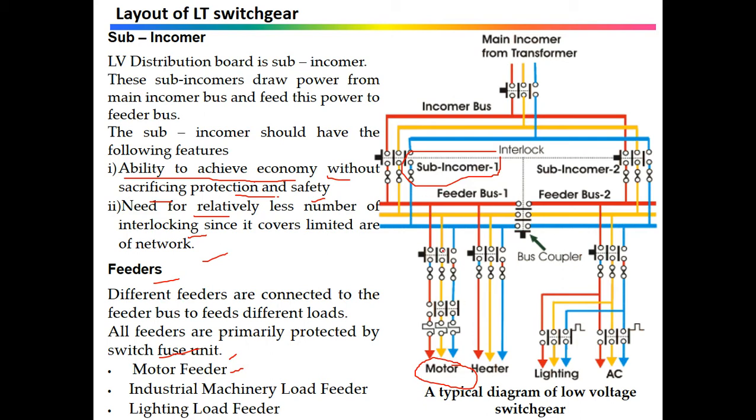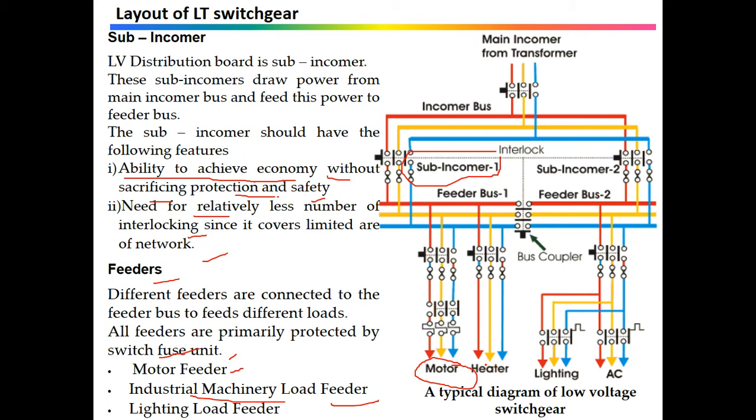Similarly, for an industry or machinery load feeder, the connected industry machine loads like ovens, electroplating baths, etc., are commonly protected by MCCB. So we have to take an MCCB for this purpose, for heating purposes.